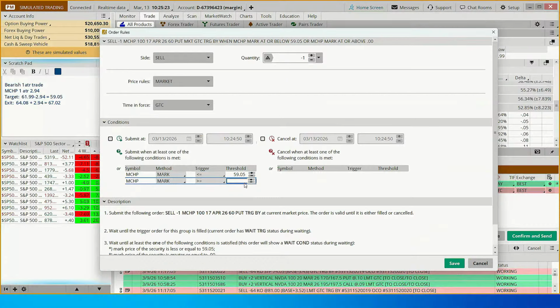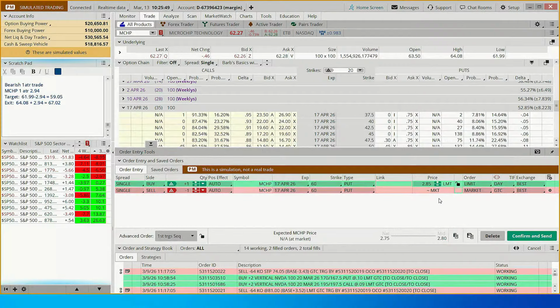And then the rule is if by end of day Monday it hasn't hit the target, then I'm going to go in and adjust that stop, and I'm going to snug it up to 50 cents above the close of Monday. So this is 67.02. Because we want this to be a very short-term trade. You know, we don't want it to lollygag about and then have time decay eating our lunch.